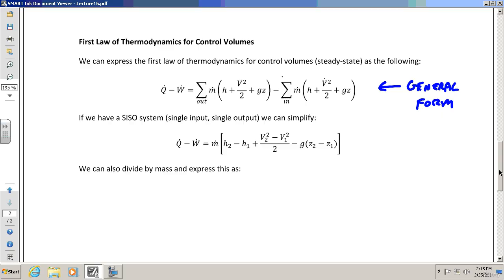And you've got to recognize that each one of these is for each outlet. This is for each outlet. And this is for each inlet.